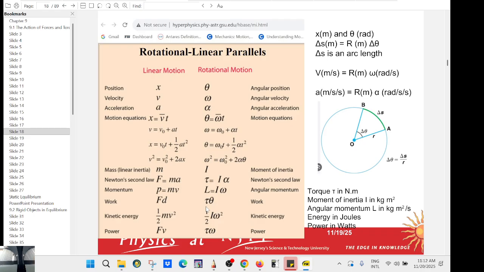So anyway, if there is work, there is a change in kinetic energy and you are storing kinetic energy. So that will be the torque times the angle. Kinetic energy, 1/2 mv squared. Power is force times speed. Power is torque times speed.